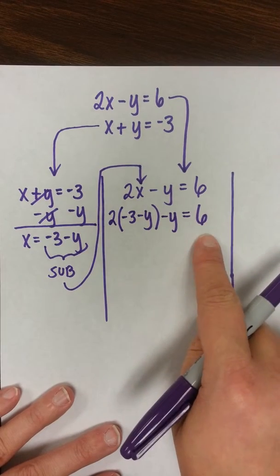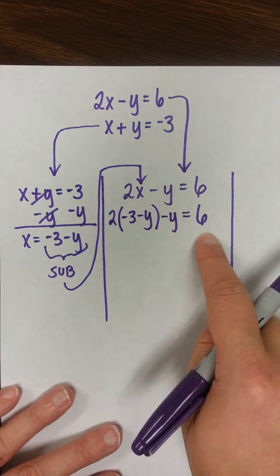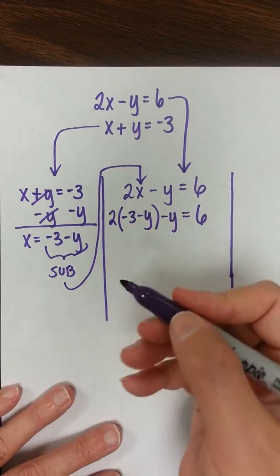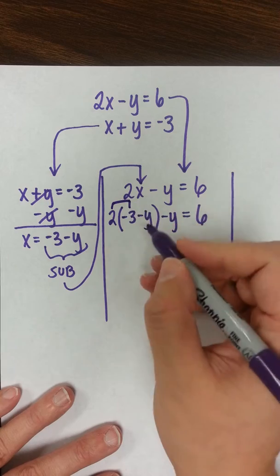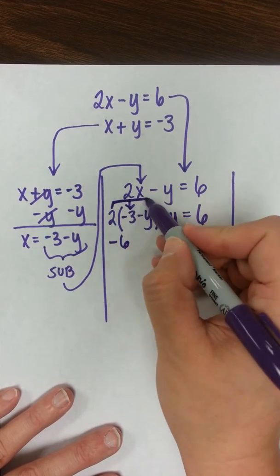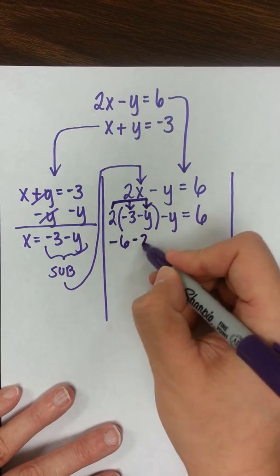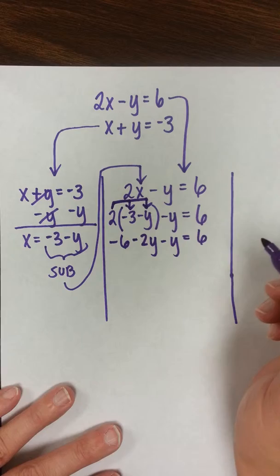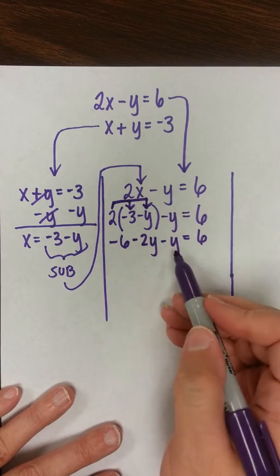The only variable left to solve for is the y. So I'm going to do that. I'm going to distribute to get rid of these parentheses. So 2 times negative 3 is negative 6, and 2 times negative y is negative 2y, minus y equals 6. I can combine like terms.